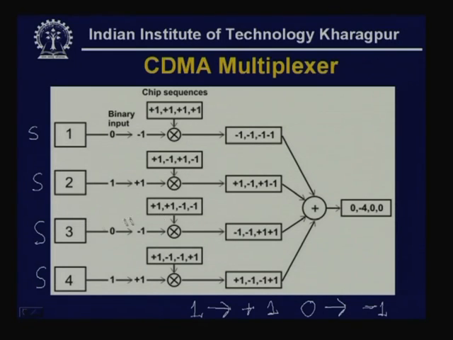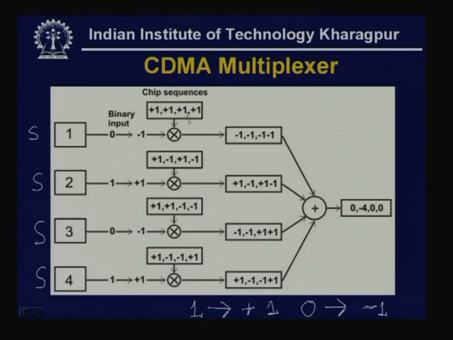Then for channel 3 the chip sequence is +1, +1, -1, -1. Again it is different from station 2 and station 1. Then finally, you have the chip sequence for station 4, which is +1, -1, -1, +1. As you can see, all these 4 chip sequences are unique.